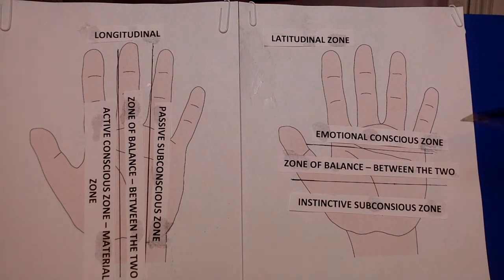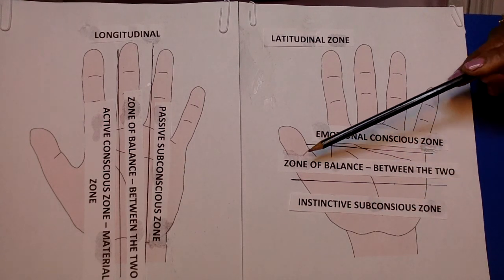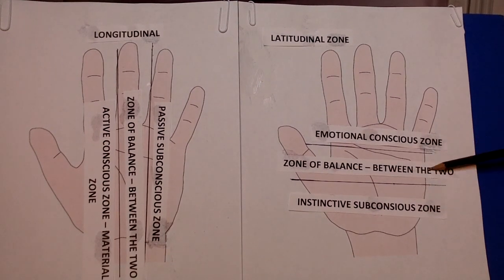So in summary, we can say no matter how far emotionally the person goes here, or subconsciously, this is the zone that tends to keep it in balance. So there are no extremes. It may be extreme here or here, but this tends to bring it out in an expressive or feeling form by the individual.